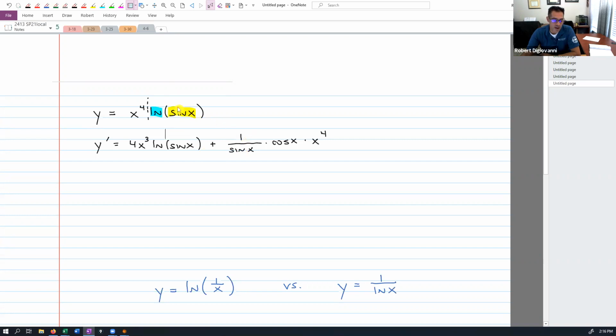And then says, now what's the derivative of sine? And that's cosine. And then the x to the 4th is from the beginning. Now, you could go a little further with this. Nah, I'm happy with that for now, but just to point out that you could write that as cotangent x, because cosine over sine is cotangent.